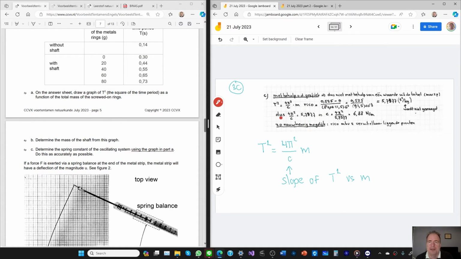So you take the graph again and you just evaluate the slope. And in the same way, try to keep the points as far apart as possible to evaluate this slope. And then you have the slope, and from the slope you find what c is. So c is 4 pi squared divided by the slope.